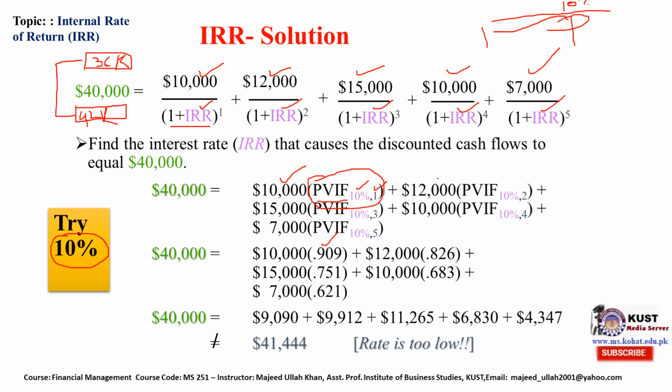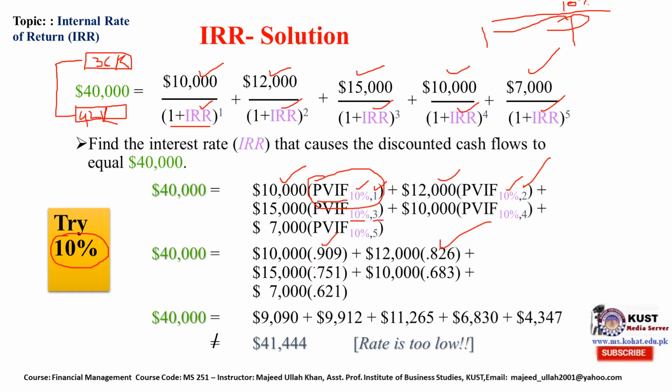This is 12,000 cash flow. We will calculate present value of this 12,000 using 10% for 2 years. That factor comes from present value interest factor. Now 15,000 will be discounted for 10% for 3 years.